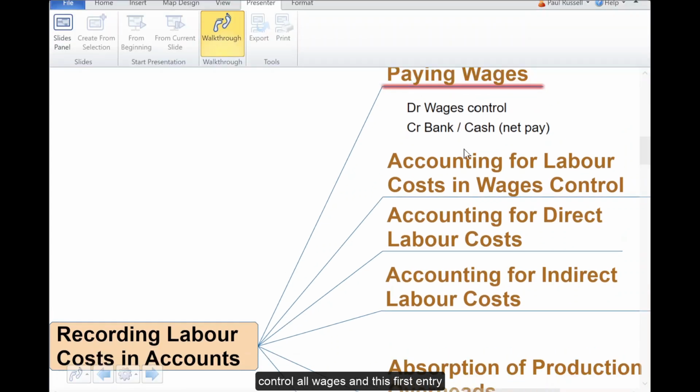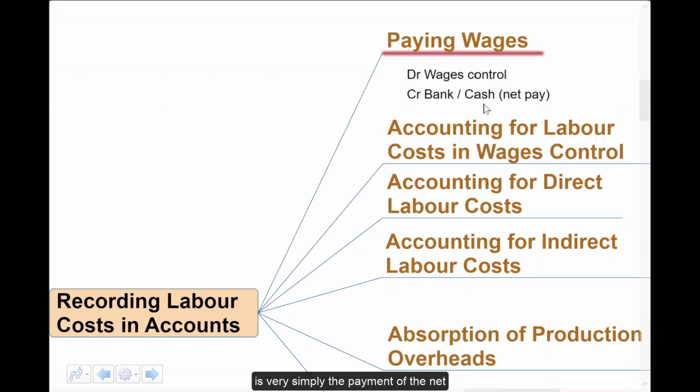And this first entry is very simply the payment of the net wages to staff. So we're debiting the control account and crediting bank or cash, which is an asset. So we're reducing the asset of cash by crediting it and increasing a sort of control expense account, i.e. the expense associated with wages.